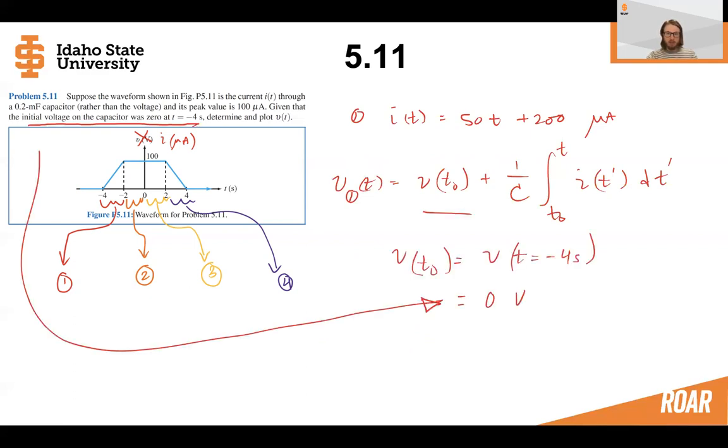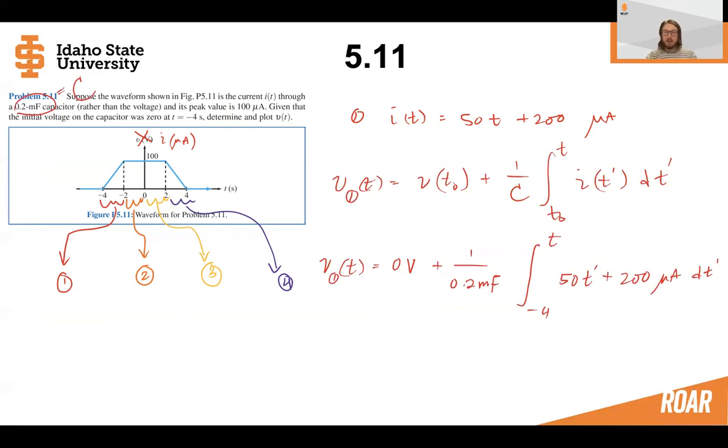If I do this integral, I can see that the initial voltage on the capacitor is 0. So the voltage at time t naught, at minus 4 seconds, is 0 volts. We can insert these numbers into our equation: we have our initial voltage, and we have our function for the current that we already calculated in the piecewise function.